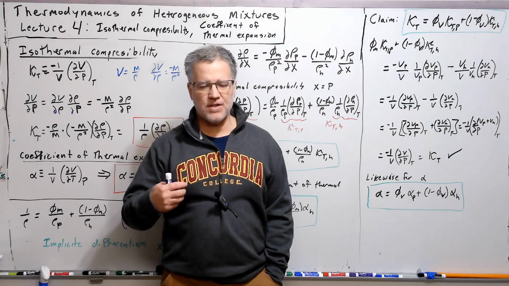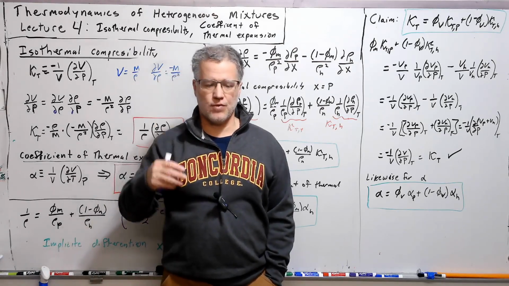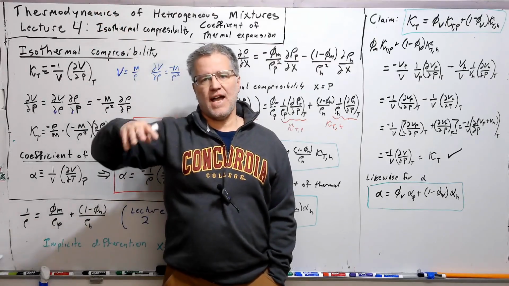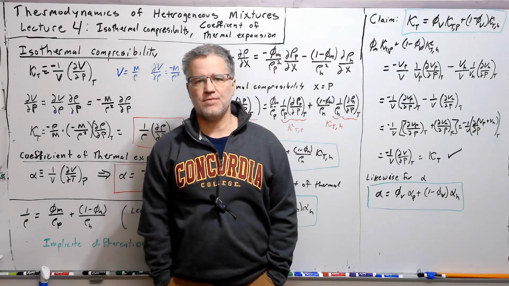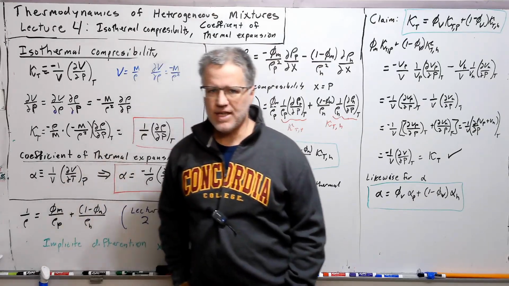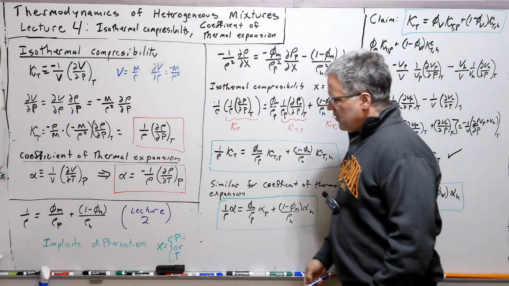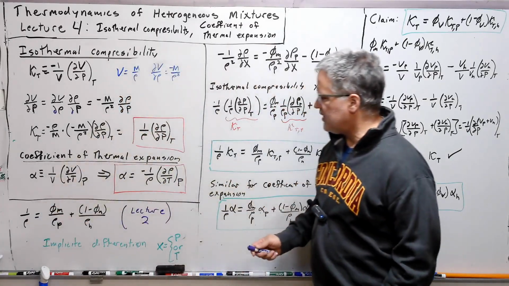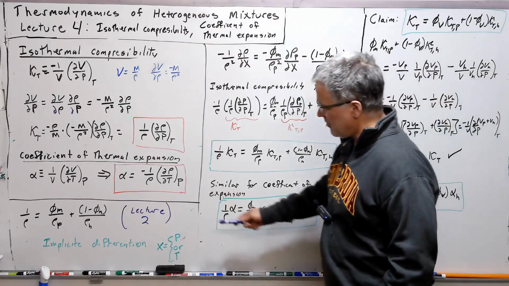So we've always been hoping for nice equations to work with, where the whole system on the one side is a weighted sum of the system on the other side. So let's see if we get that here for these two properties. This is what we had for 1 over rho in terms of the mass percent from lecture number 2.